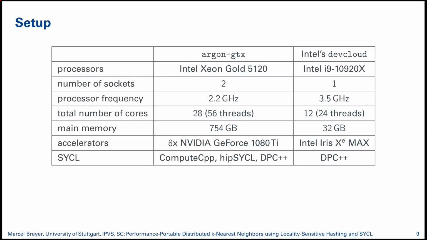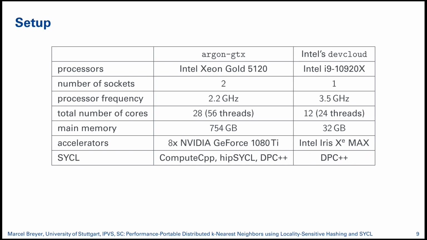At first, my setup. I have compared 3 SYCL implementations, namely Compute CPP, HIP-SYCL, and DPC++, on a single node system using 8 NVIDIA GeForce 1080 Ti's, and DPC++ on a single node system using an Intel Iris Xe Max GPU.